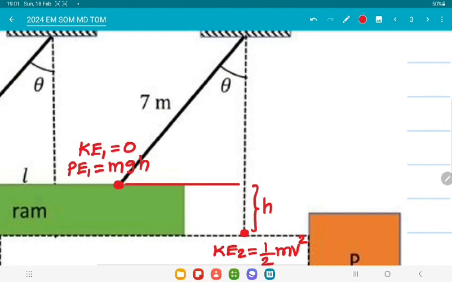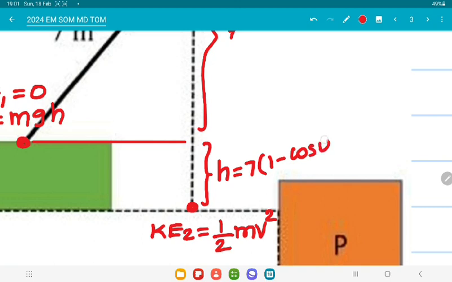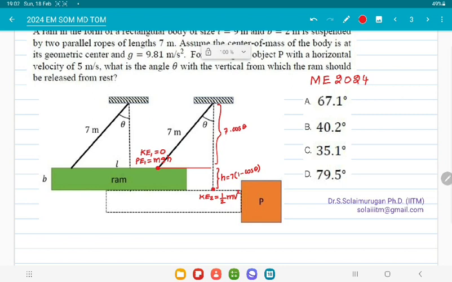Let us say this 7 meter is L length. Then this portion will be 7 cos theta. Then what is h value? Equal to 7 into 1 minus cos theta, 7 minus 7 cos theta. Okay, right. That's all. Then what is the final potential energy? 0, sir, datum.